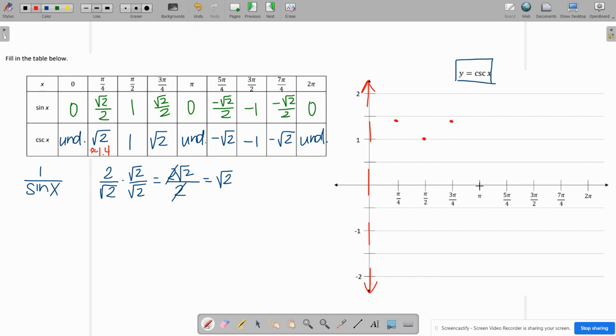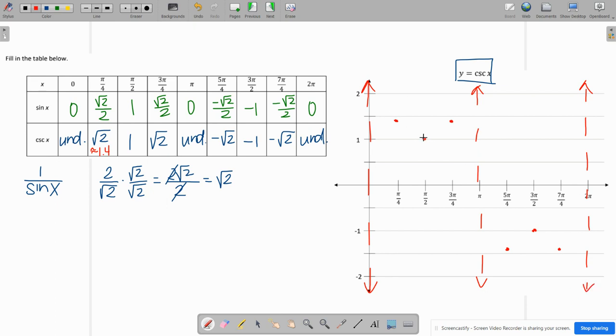The cosecant of pi is undefined, so again, we would have a vertical asymptote here, where x equals pi. Then at 5 pi over 4, the cosecant is negative root 2, which is about negative 1.4. The cosecant of 3 pi over 2 is negative 1. The cosecant of 7 pi over 4, again, is about negative 1.4. And the cosecant of 2 pi is undefined. So we would finish that up with a vertical asymptote.